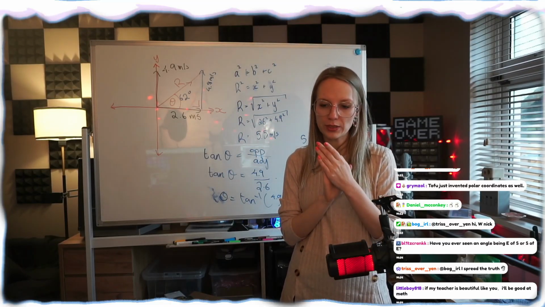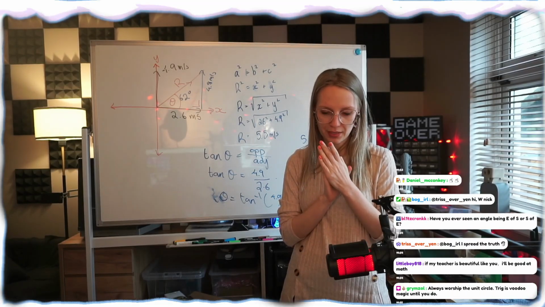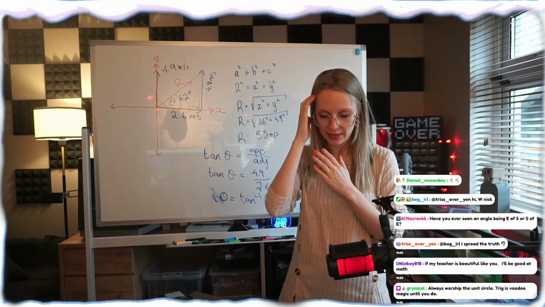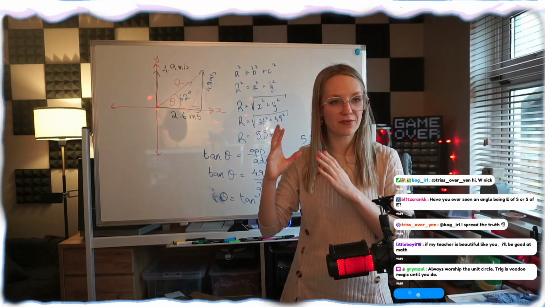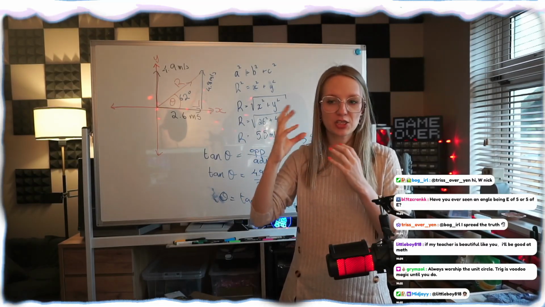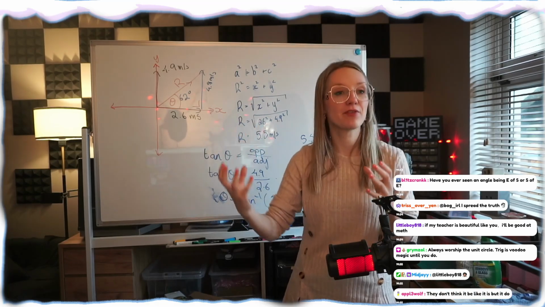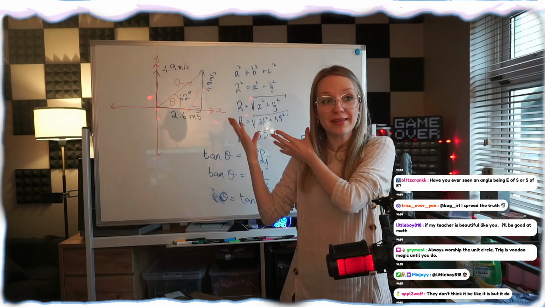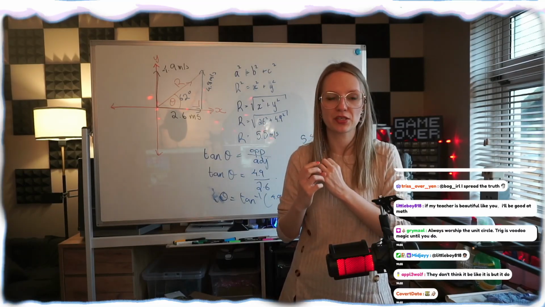But what we need to remember about this is that whatever we're expressing as a vector, especially in physics, is expressed as a behavior in physics. So for example, this could be velocity.